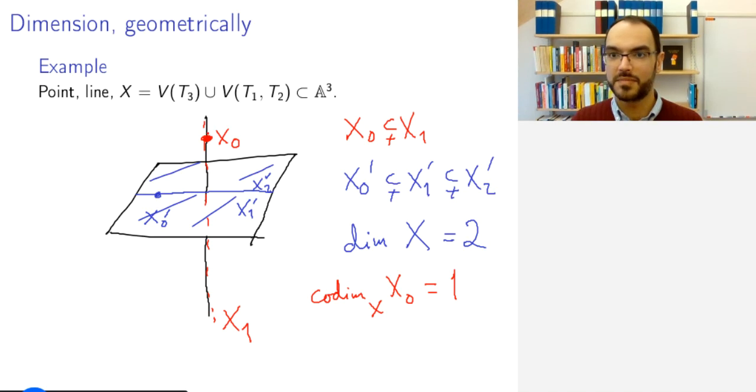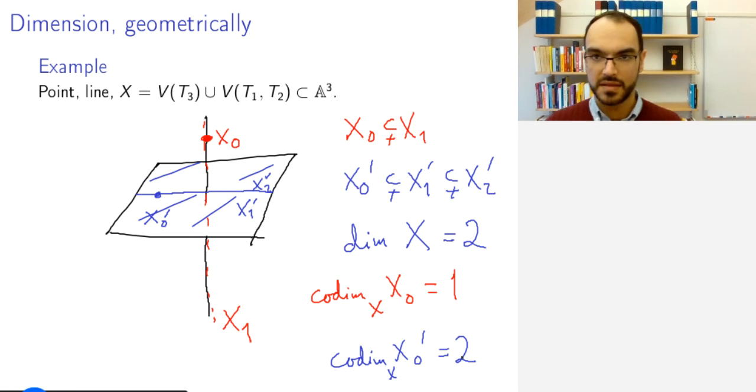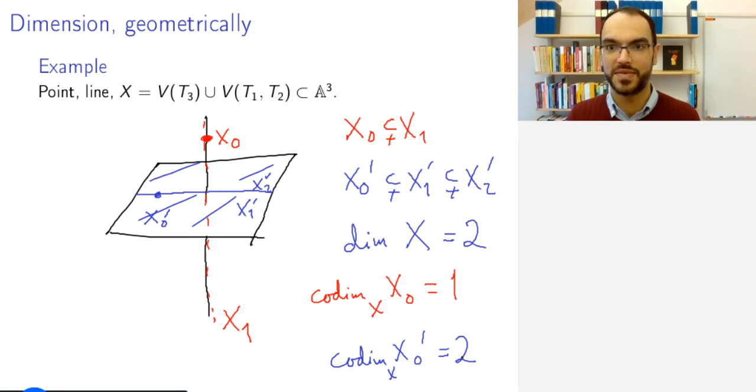This is a point of codimension 1 in the variety. Pause and go back to the definition and convince yourself why this is true. Whereas this other point, x0 prime, has codimension 2. This is, of course, some lack of homogeneity that doesn't happen in vector spaces.